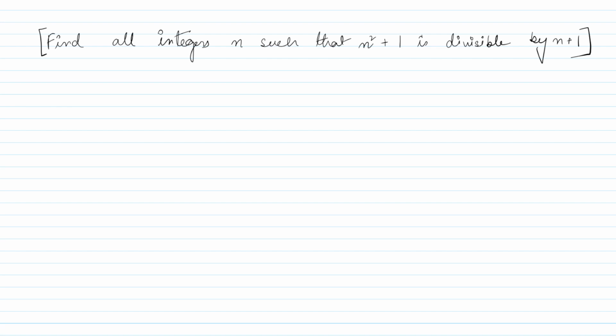Alright, so today's question is: find all integers n such that n squared plus 1 is divisible by n plus 1. Okay, so we are asked to find all integers n such that n squared plus 1 is divisible by n plus 1, right?